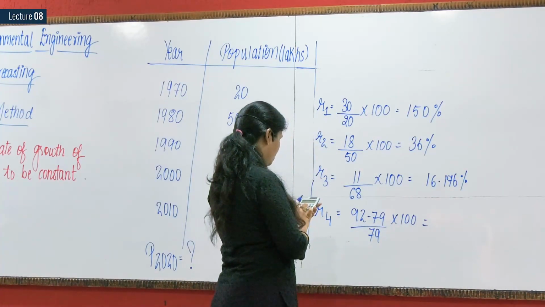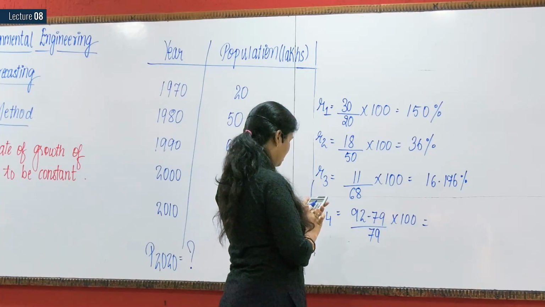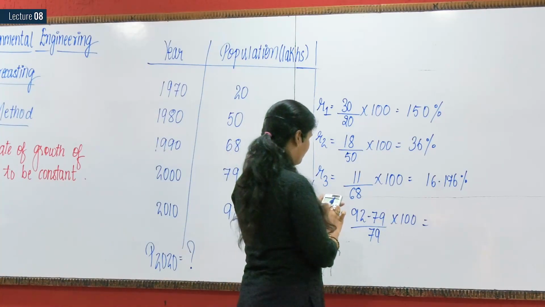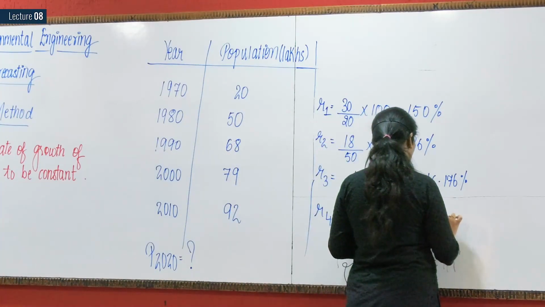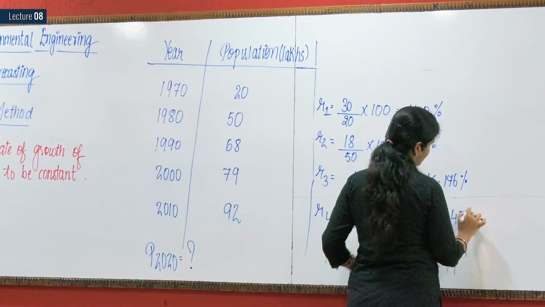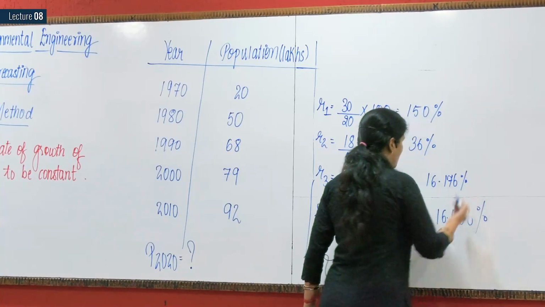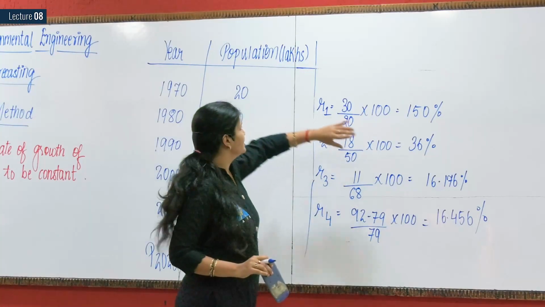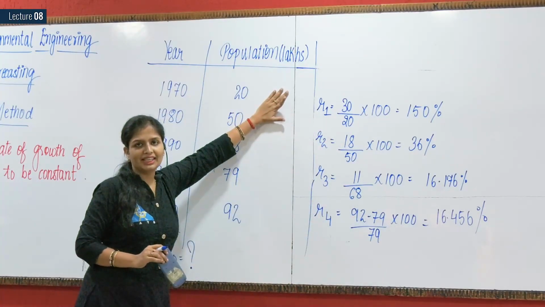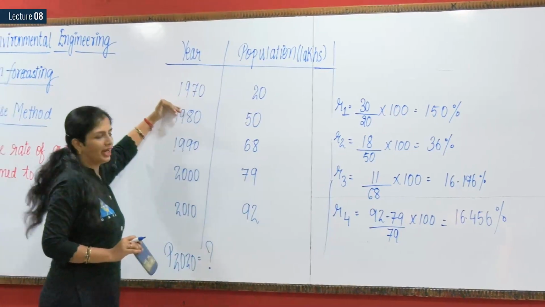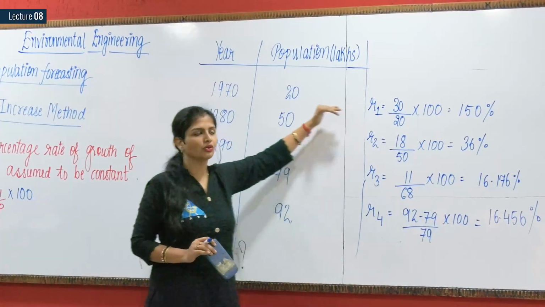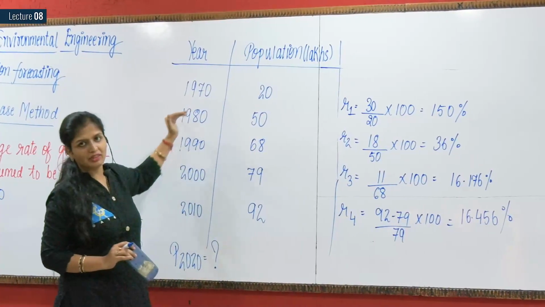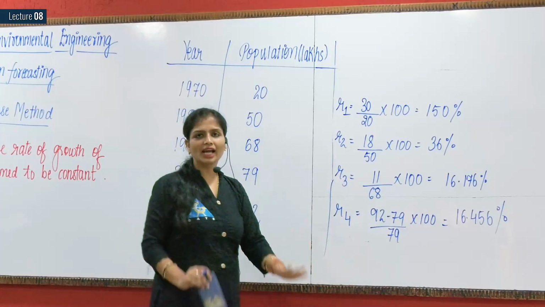Then 92 minus 79, that is 13 into 100 divided by 79, is 16.456%. So you calculated the percentage rate of growth for every decade: from 1970 to 1980, and from 1980 to 1990, what was the percentage rate of growth.